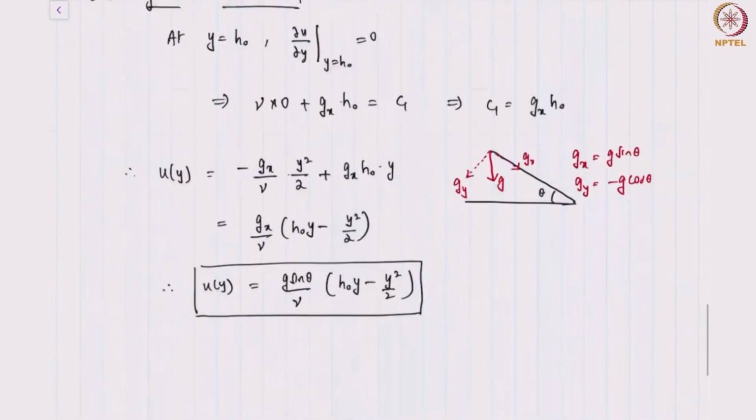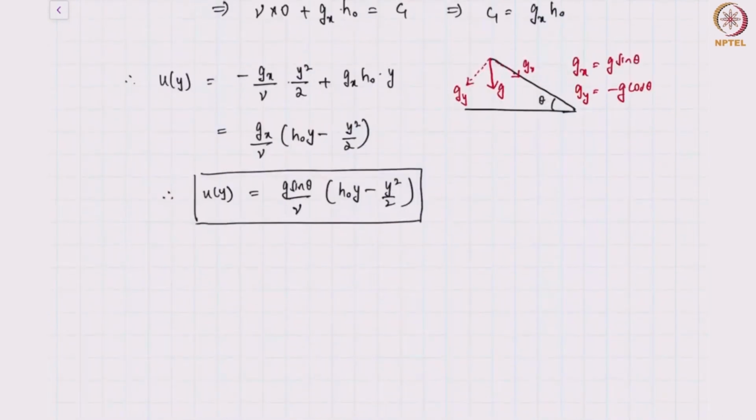Okay. What about pressure profile? The pressure profile will be P infinity plus rho g cos theta times h naught minus y.